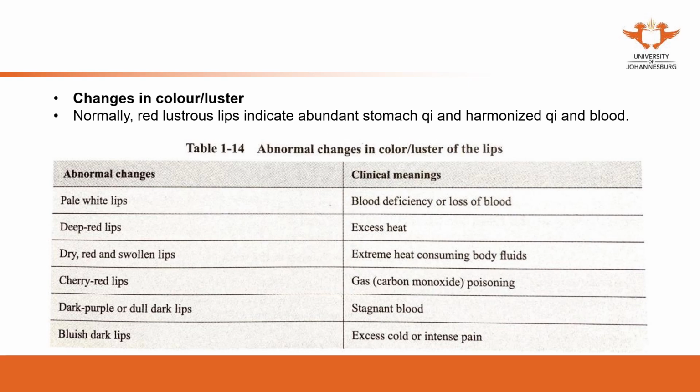From here, for the colors, we will speak faster and you just need to go through them by yourself. The pale is deficiency. What kind of deficiency? It can be blood deficiency or qi deficiency. The red is heat. It can be excess heat or deficiency heat. The dry is dryness, the heat consuming the body fluids.